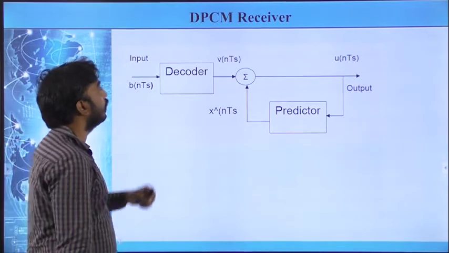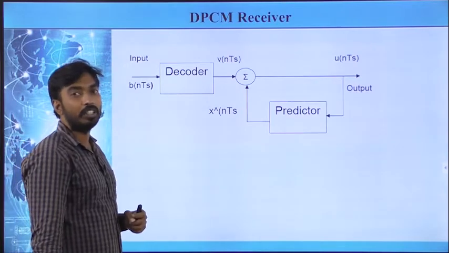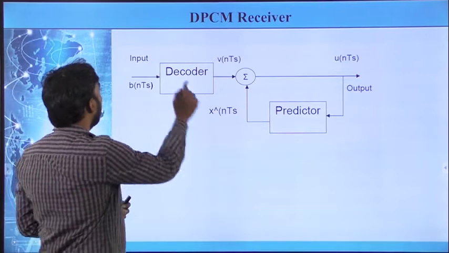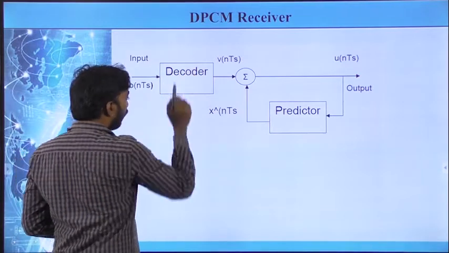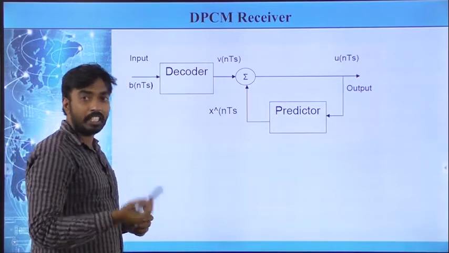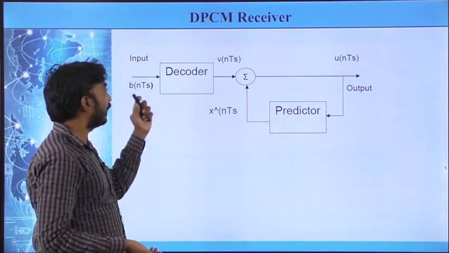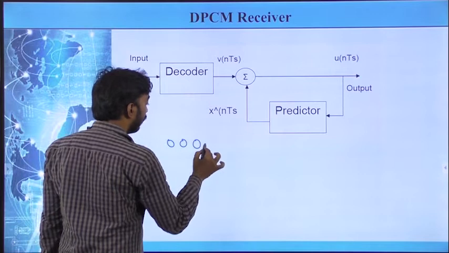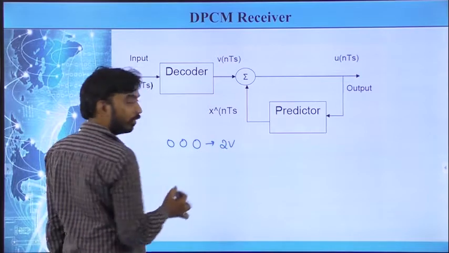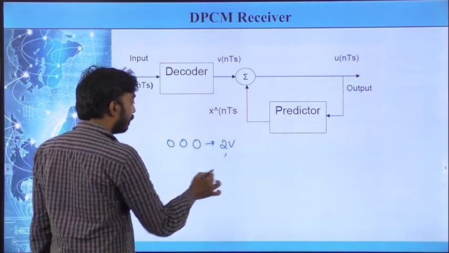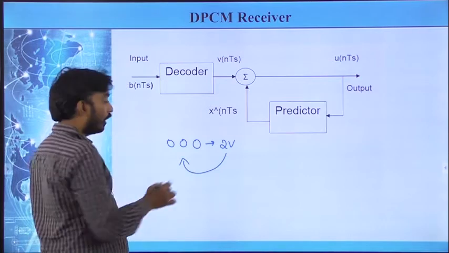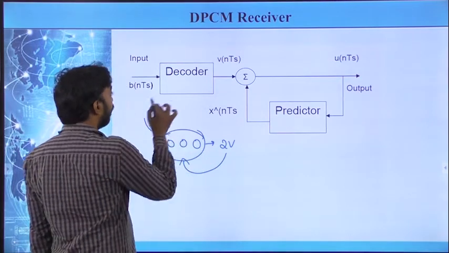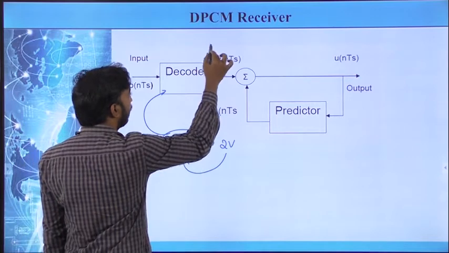Then how am I going to recover the original signal? Whatever bit stream is generated by the encoder, suppose this bit stream is generated for 2 volts, now if I give this to the decoder, it will generate 2 volts.